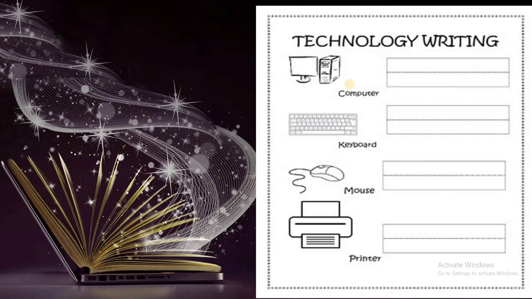Now the third activity we did in the previous lecture: identify the pictures, give the name and write two sentences about each picture. The first picture is a computer. The first sentence we can say: a computer is a machine and it is used for writing, drawing, watching movies, cartoon films, and listening to music, right?